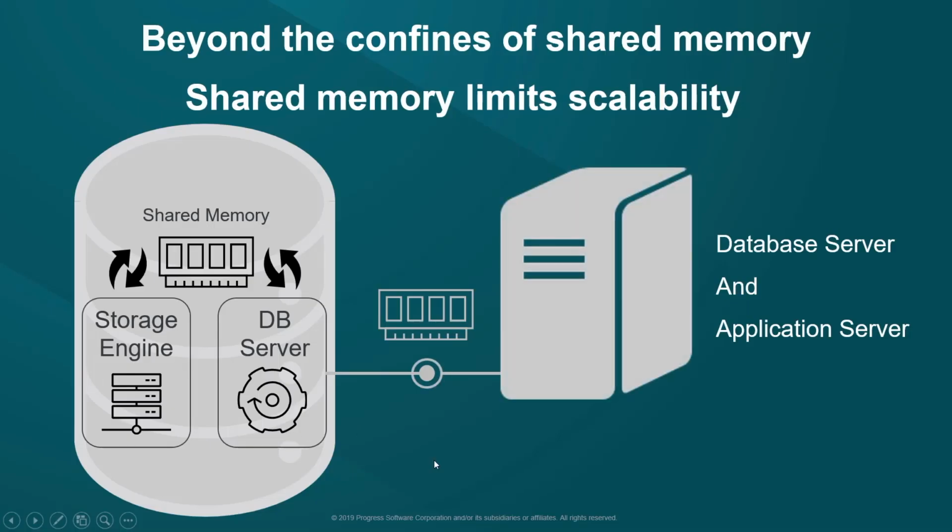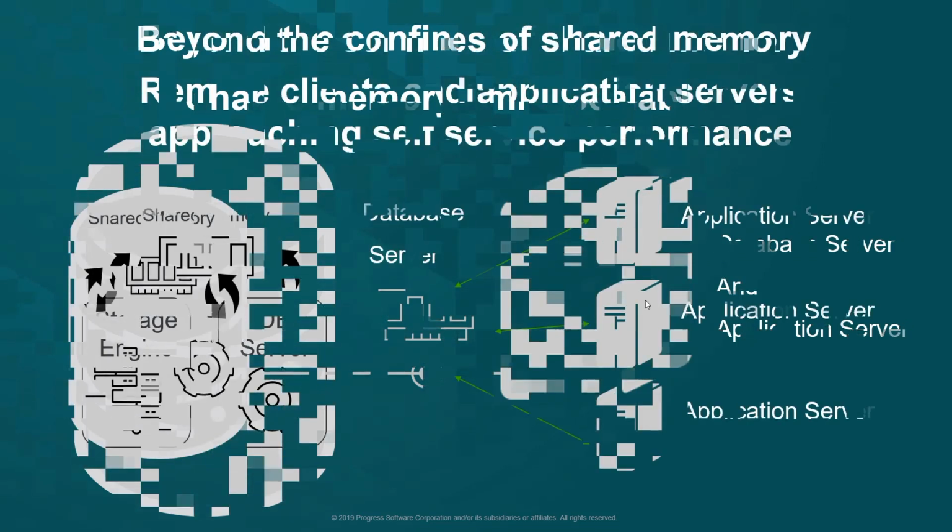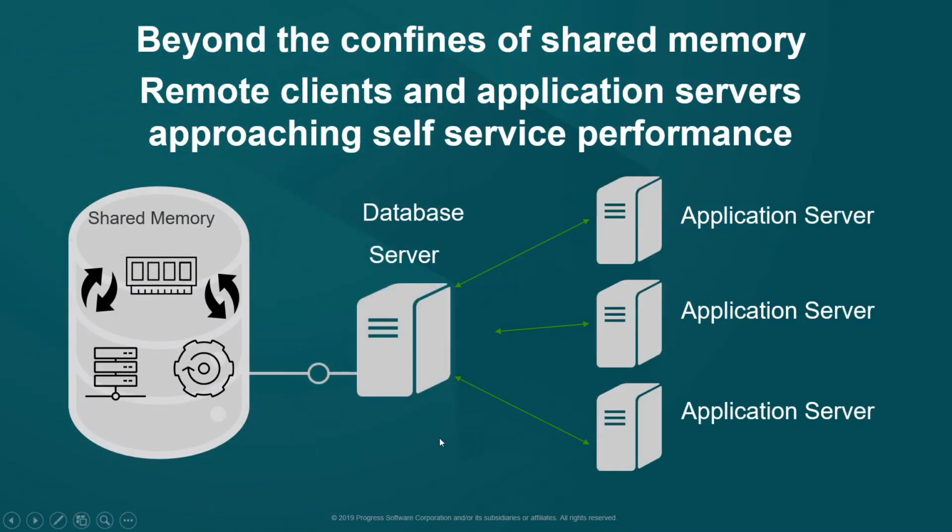So, how will this influence your application evolution? Progress has historically recommended that the application and database use shared memory to maximize performance. This requires the application server and the database to reside on the same server. With the performance improvements shown in this presentation, we find the performance of remote clients and application servers now approaching the performance of self-service applications.